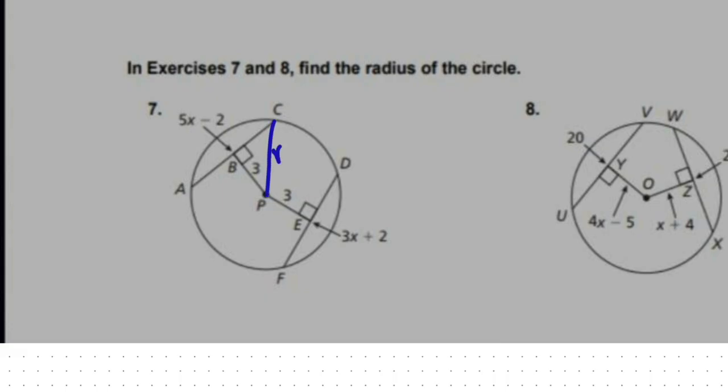We're given the chord 5x minus 2. So we divide that by 2. Wait, why? We divide this one by 2. Okay, that is to find x. But then we need to find this one from here to here, so we can find the radius.